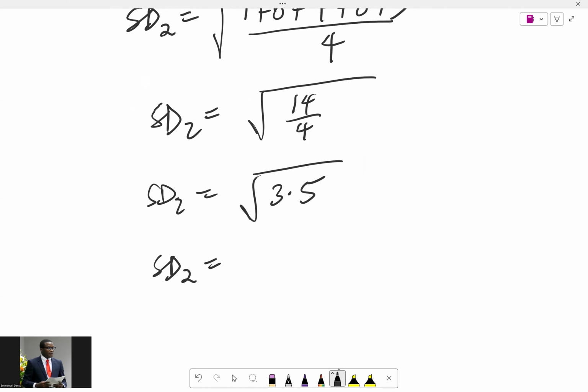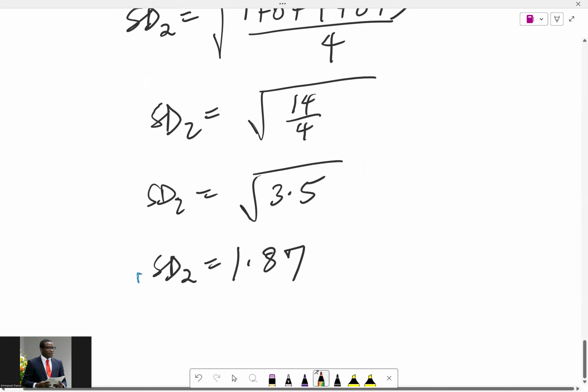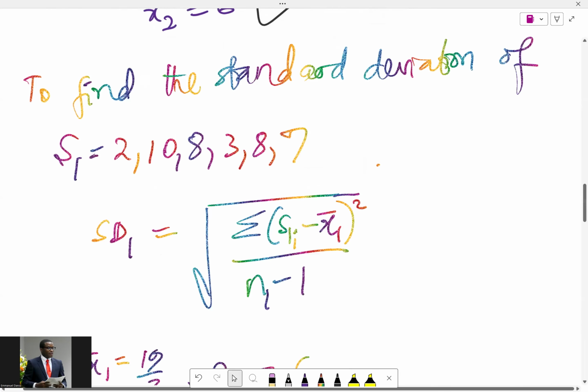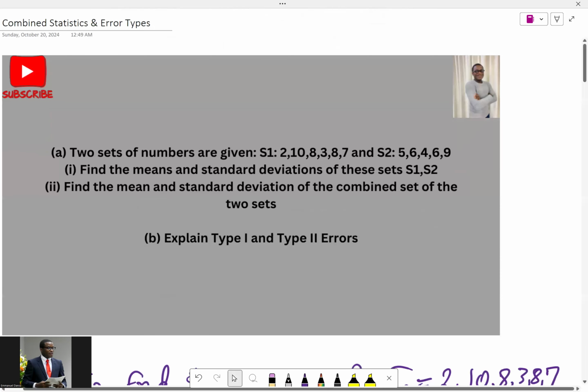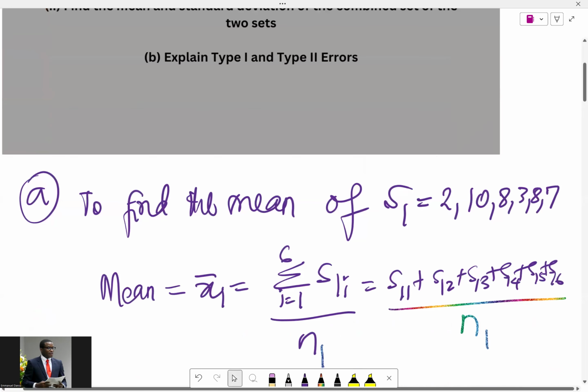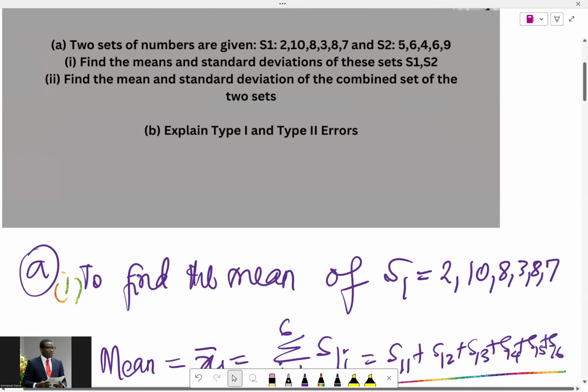That's 1.87, and that is the second standard deviation. So we have just finished the Roman figure 1 part of the A question.